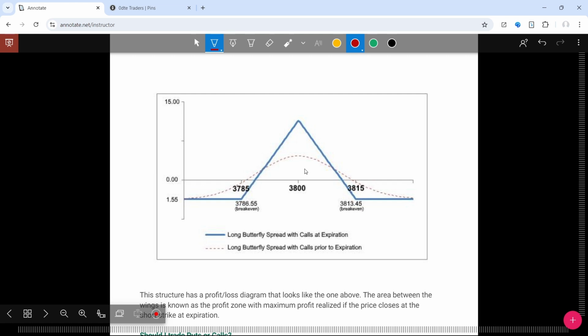But the main thing with this strategy is that the maximum profit is realized at option expiration, if the market closes at the short strike, and that is essentially the 2. So this is the structure here, 1 by 2 by 1. And you can see here that's max profit at option expiration.